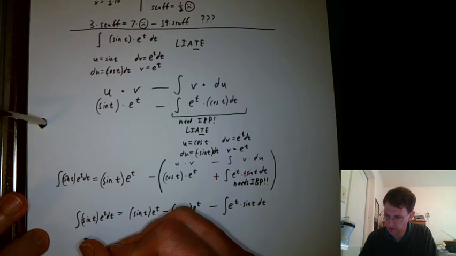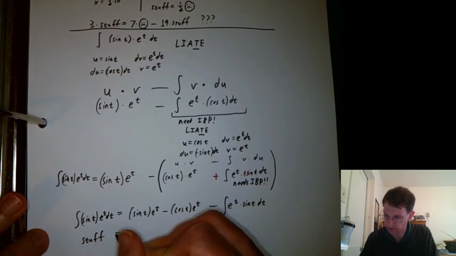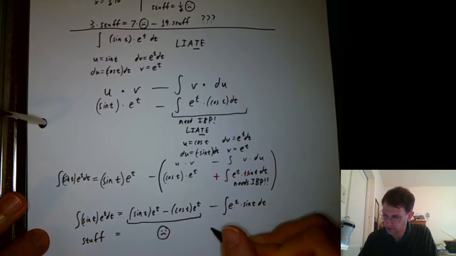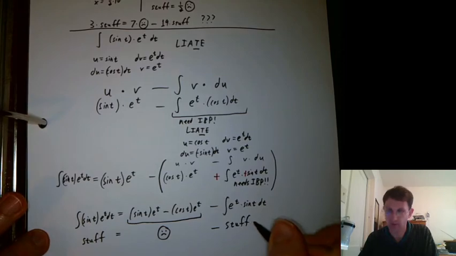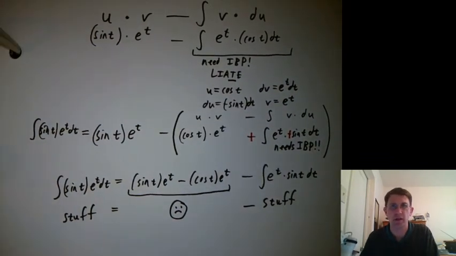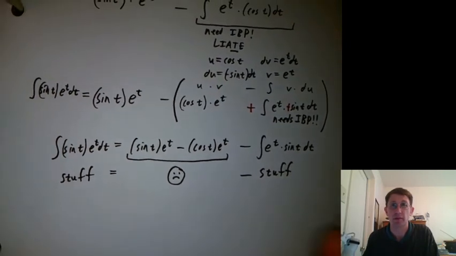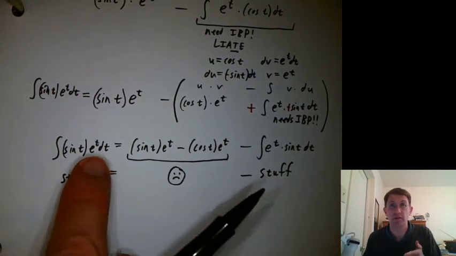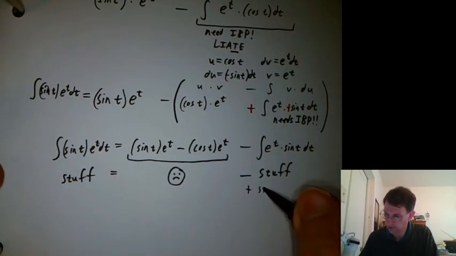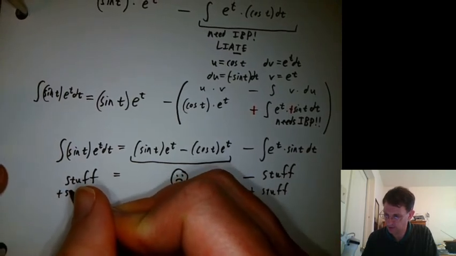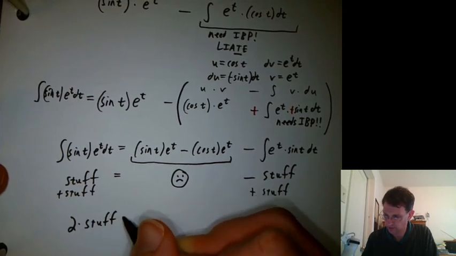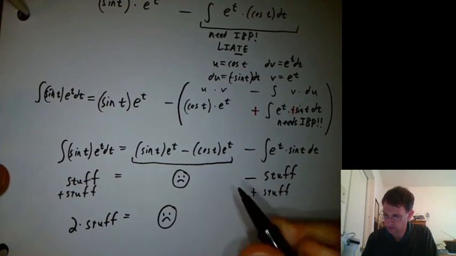So we're going to use the highly technical terms here. Stuff equals, we'll call all that frowny face, minus the original stuff. In textbooks they use letters like I standing for integral, but we know it's really stuff. So now can we solve and say stuff, which is our original integral, equals something? So we'll add stuff to both sides. We'll get 2 times stuff equals frowny face.